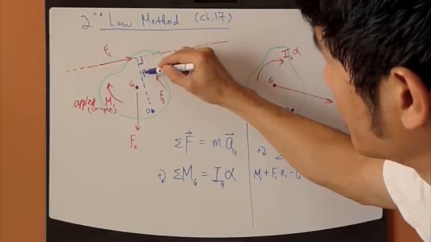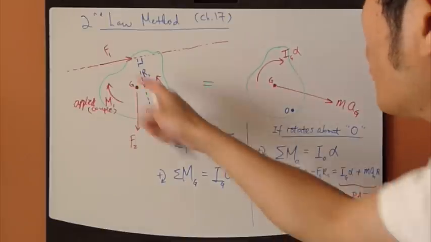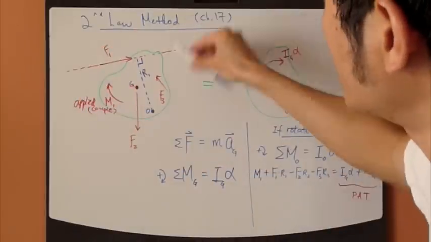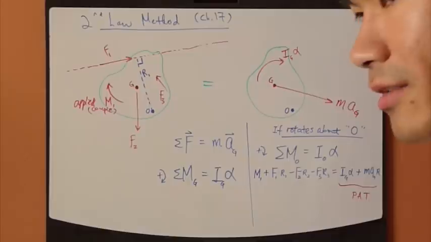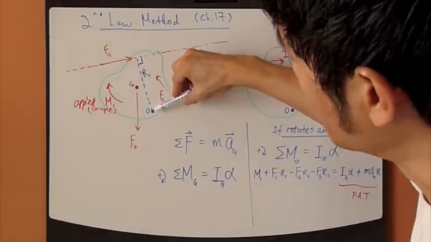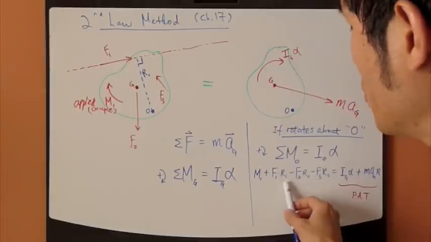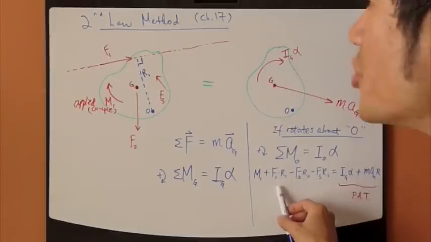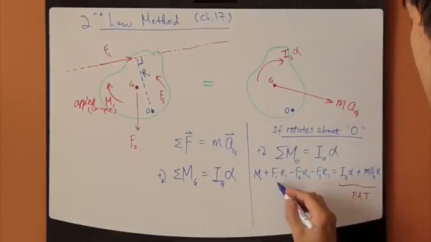So this is my R1. F1 going this way times R1. R1 is also known as the moment arm. So you multiply F1 by this moment arm, and it will give you the moment created by F1 about point O.